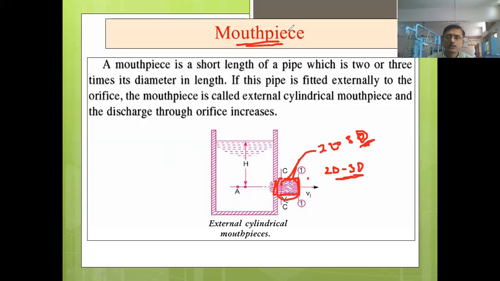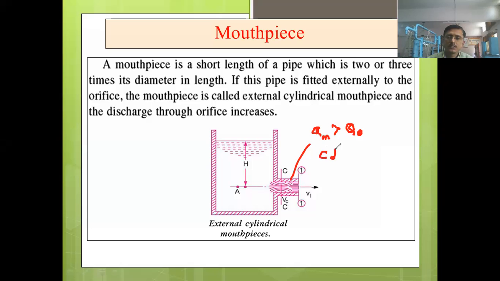Okay. And one thing you have to keep in mind is that the discharge through the mouthpiece is always greater than the discharge through the orifice. Okay. Mouthpiece चा discharge हा orifice च्या discharge पेक्षा कधीही जास्त असतो.